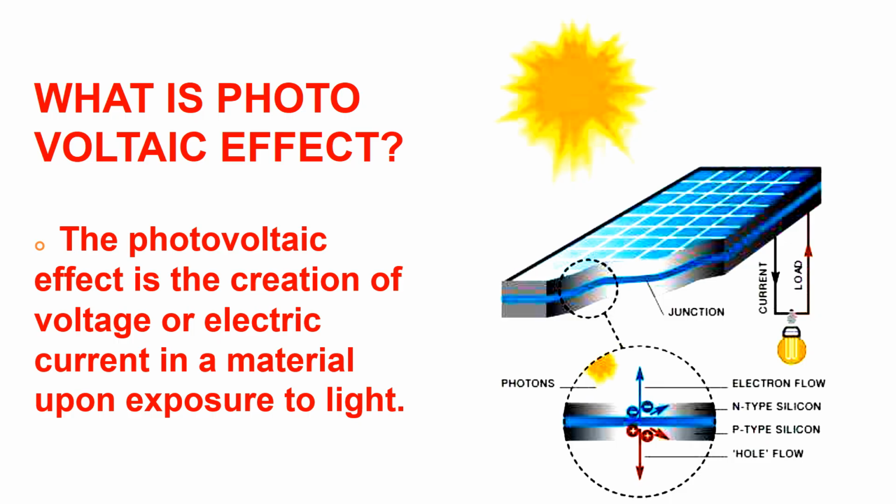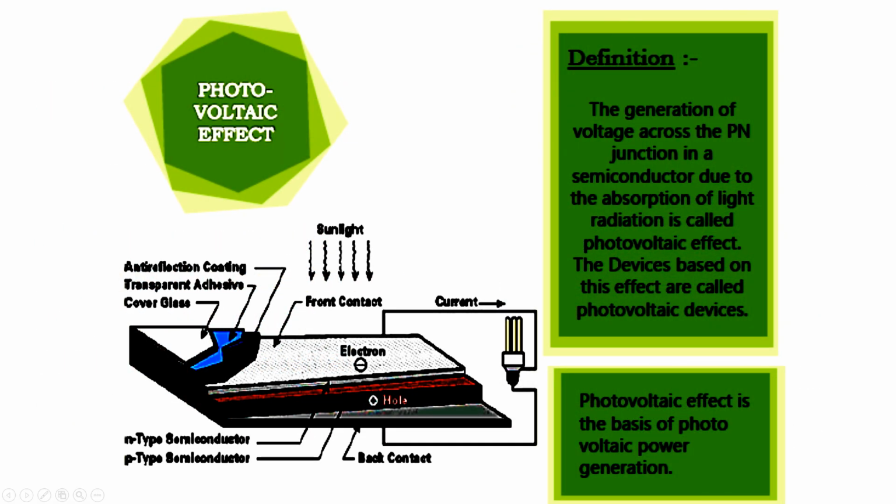So, solar cell or photovoltaic cell or PV cell is basically a p-n junction diode where electrons will be produced when light impinges on it. So, current flows through the load. If you look at the definition of photovoltaic effect, it is going to be like this.